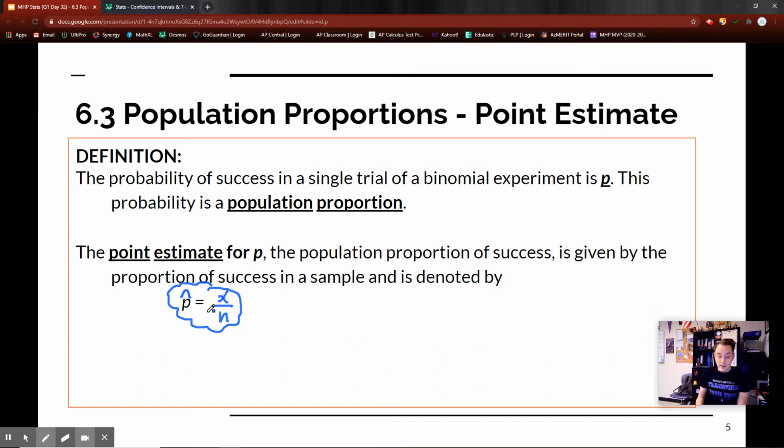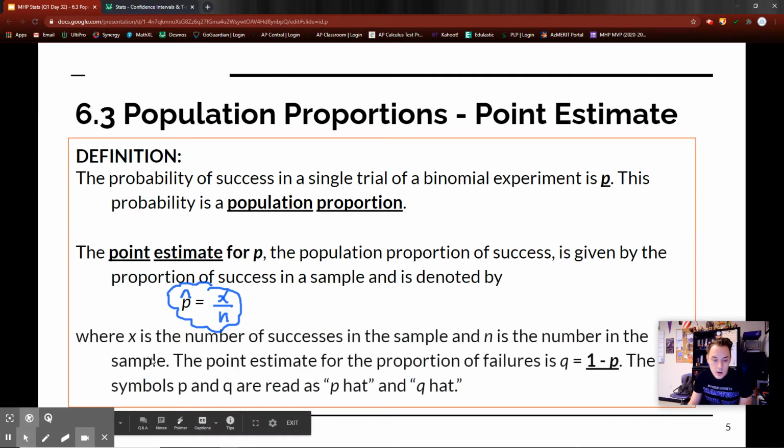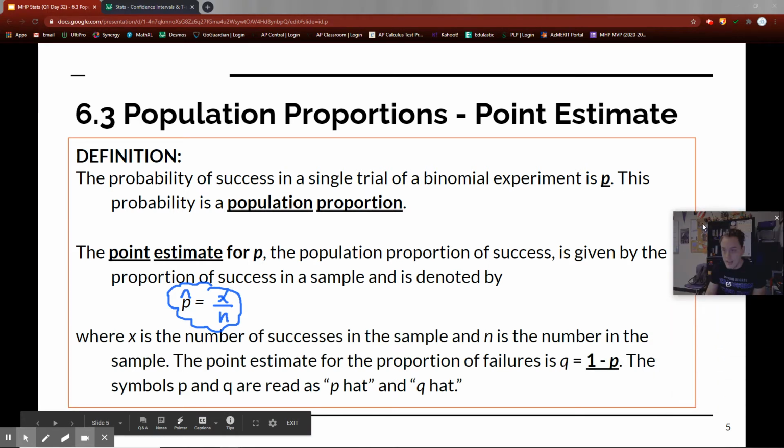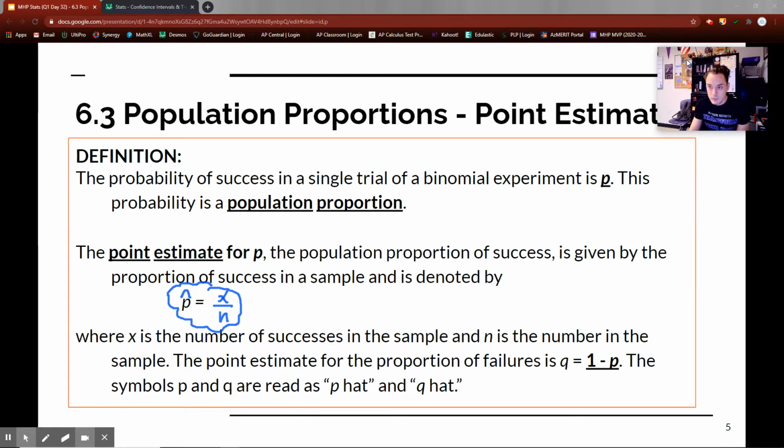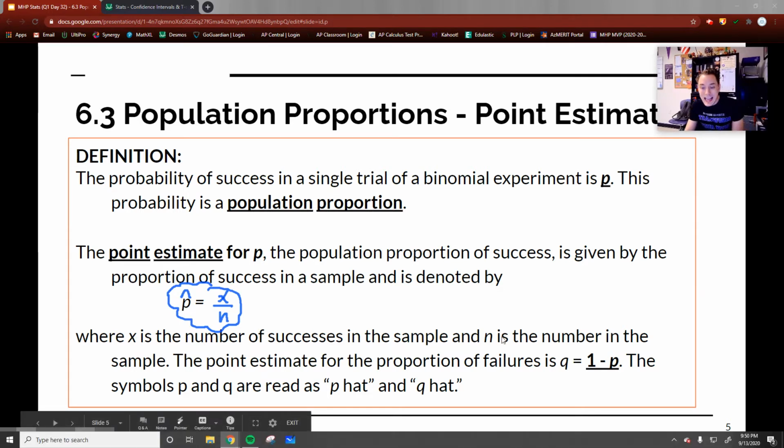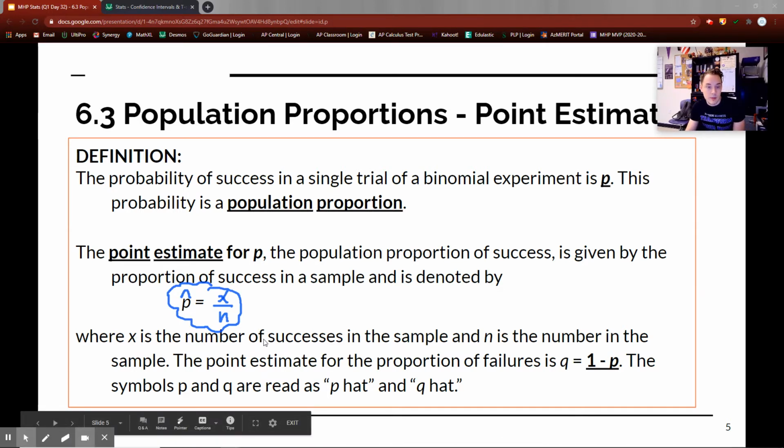So the point estimate for P, the population proportion, is given by the proportion of success in a sample, denoted by this. This is a sample proportion, and it's basically going to act as our point estimate, just like in 6.1, where X is the number of successes, and N is the number in the sample, of course, the sample size.